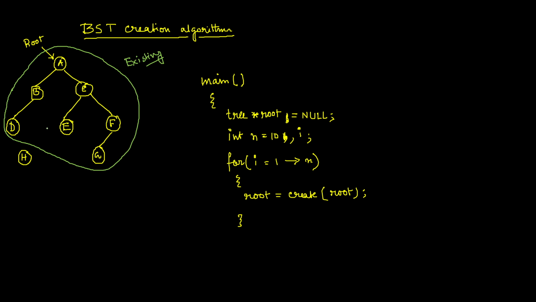Let's do one thing. Maybe with respect to a, b, c, d it is not much clear to you, so let me write it with numbers. It can be, for example, 10. In this side we have 5, and in this side we have 15.